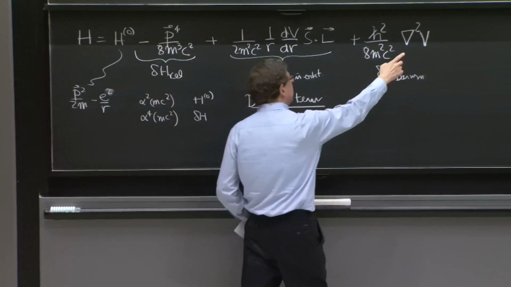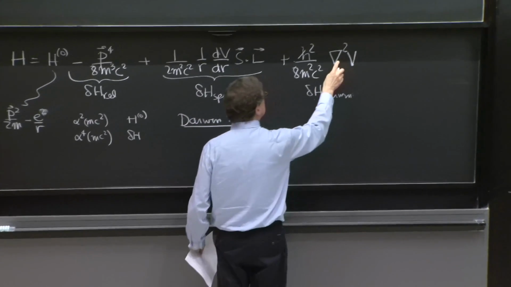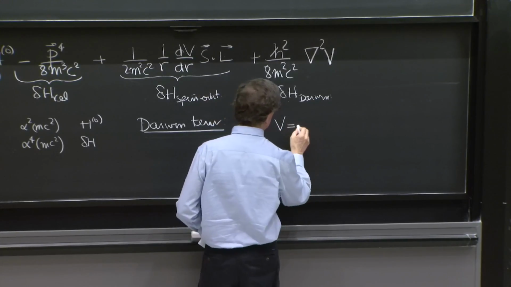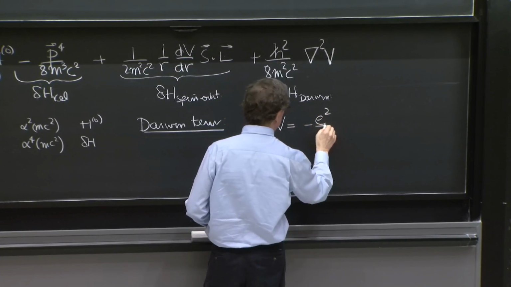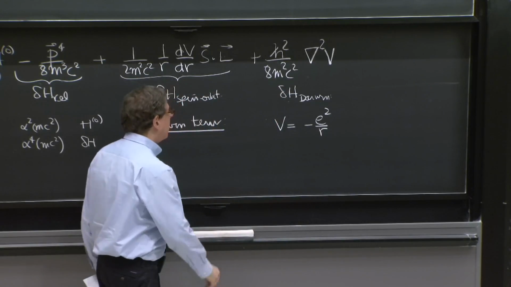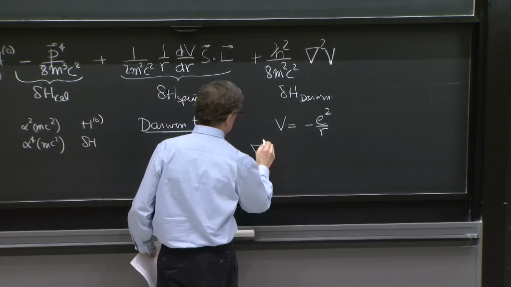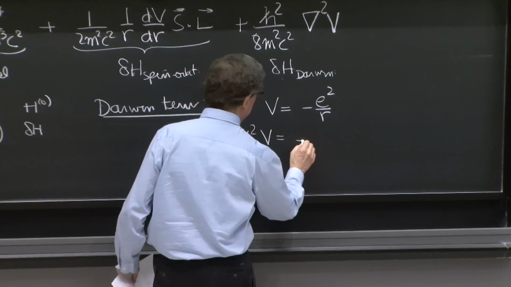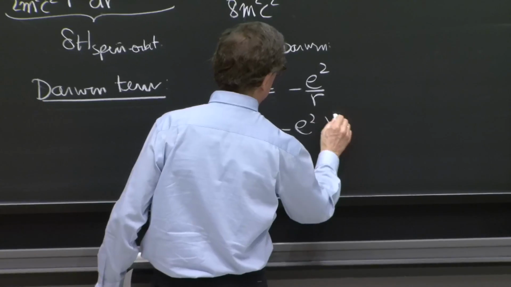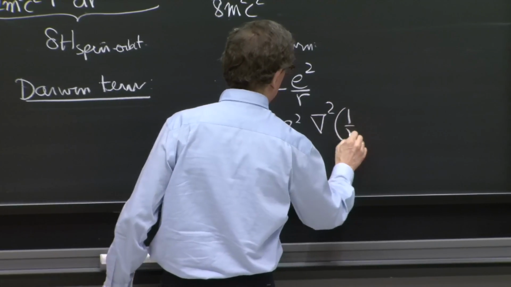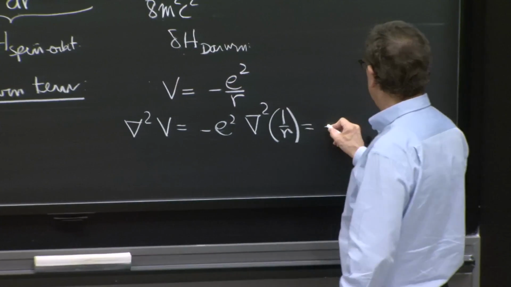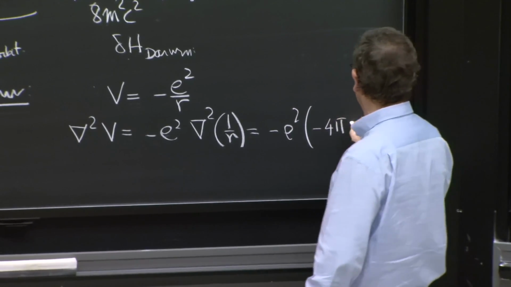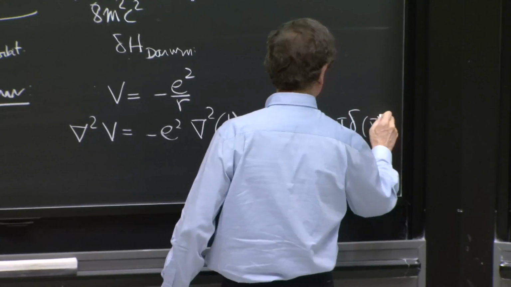It depends on the potential energy. It has the Laplacian of the potential energy. So the potential energy is minus e squared over r. How much is the Laplacian of the potential energy? Well, the Laplacian of V would be minus e squared times the Laplacian of 1 over r. And that's minus e squared times minus 4 pi delta function of r.